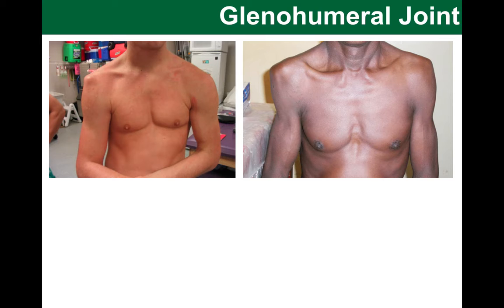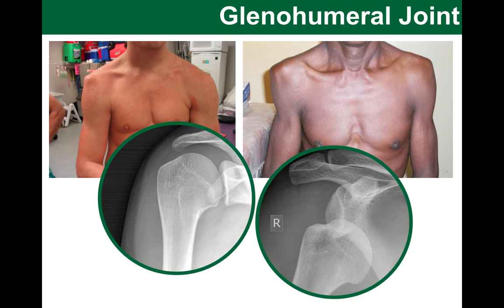Let's look at some X-rays. The X-ray on the left shows a normal glenohumeral joint, while the one on the right shows one that is dislocated. So we need a bunch of muscles like our rotator cuff and some ligaments to stabilize this poor bony fit.